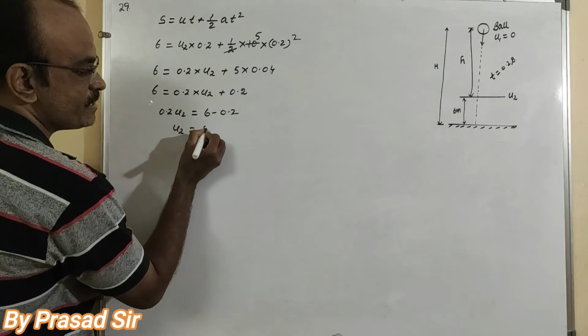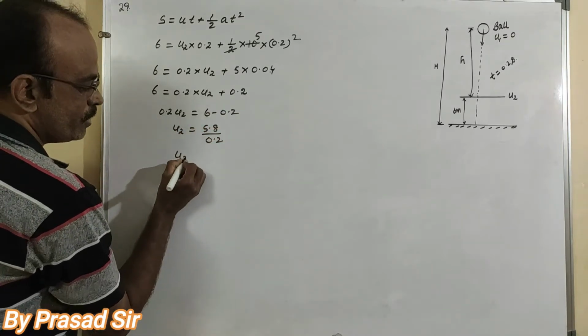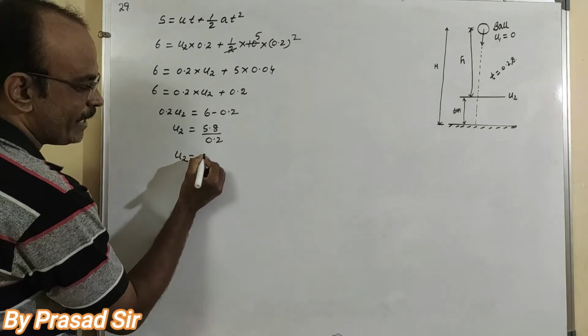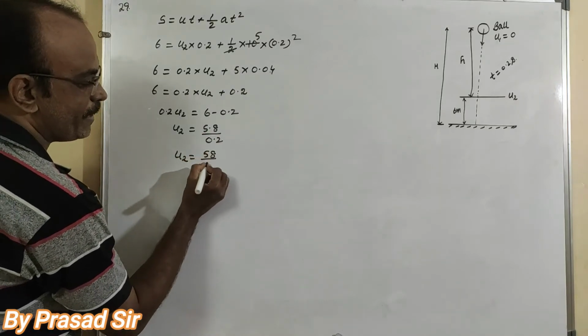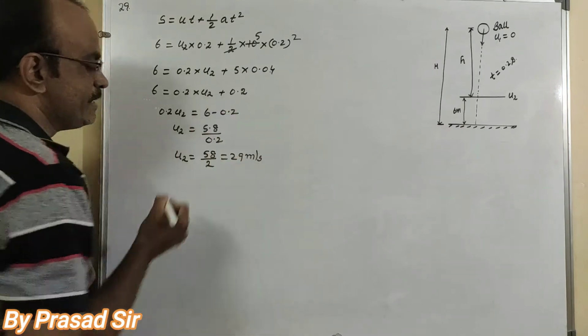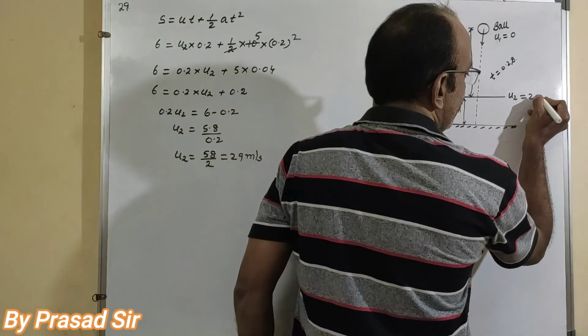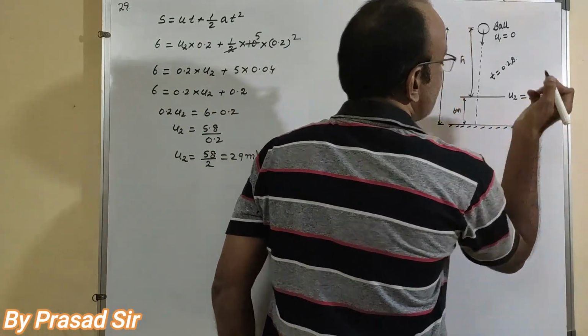So u2 is equal to 5.8 divided by 0.2. So u2 is equal to 58 by 2, which is nothing but 29 meters per second. This is the velocity. That means here the velocity is 29 meters per second.